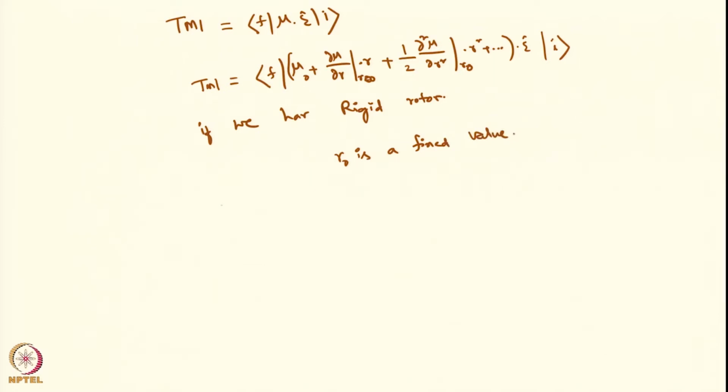Therefore, the TMI for rigid rotor will be equal to F, because this will go to 0 and this will also go to 0, all the other terms will go to 0. What you have is mu naught epsilon I, where mu naught is called the permanent dipole moment.